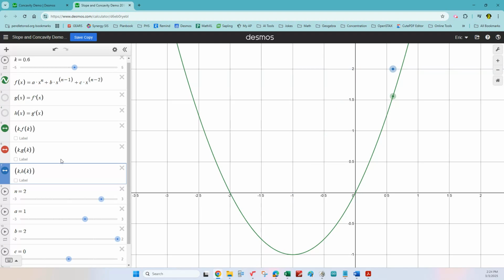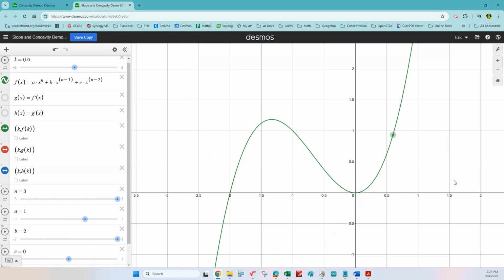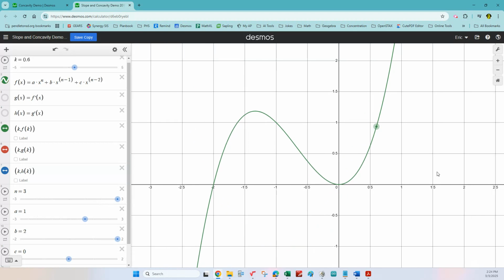Okay, let's compare that to a function like that, the cubic function. Does this make sense that that would be the first derivative? It does, doesn't it? For many reasons. First of all, because we would have to transition from a cubic to a quadratic.